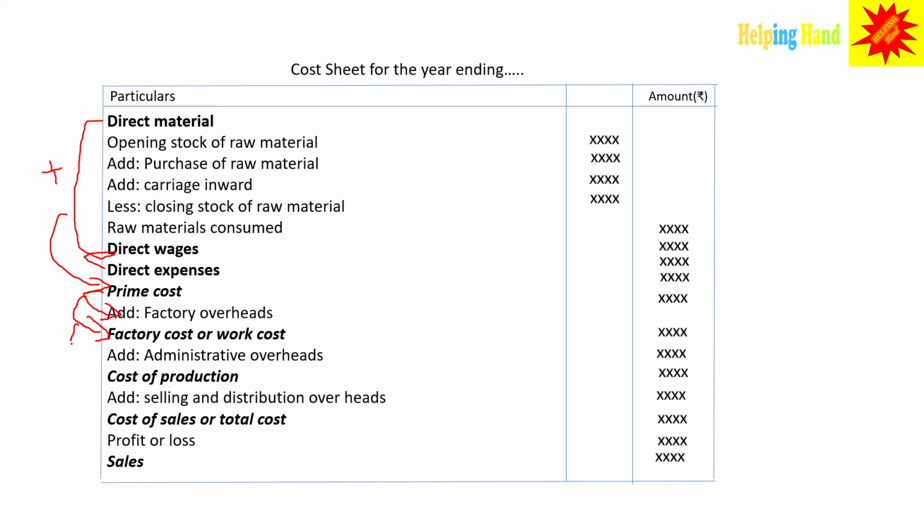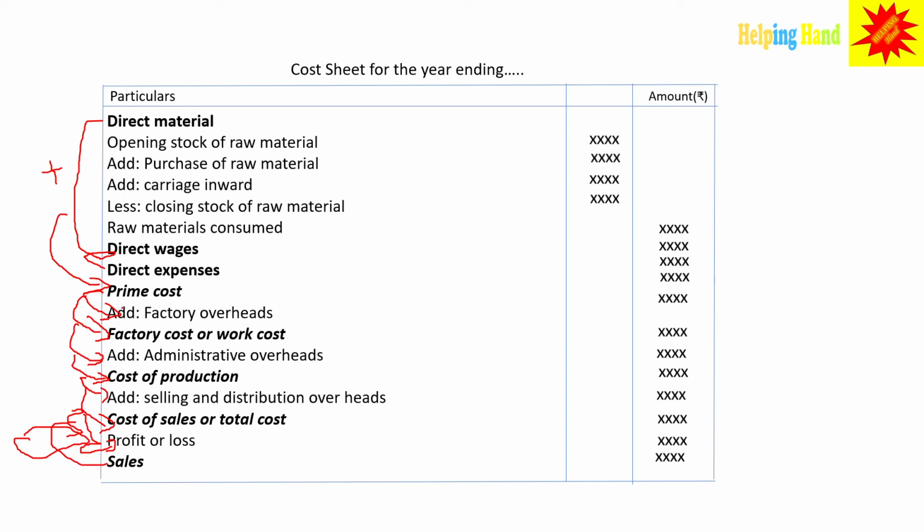To this factory cost, we add our administrative overheads to arrive at our cost of production. To this cost of production, we add the various selling and distribution expenditures to arrive at our total cost or cost of sales. To this, either we add our profit to arrive at our sales, or we subtract cost of sales from sales to arrive at our profit or loss, whichever we are incurring here.